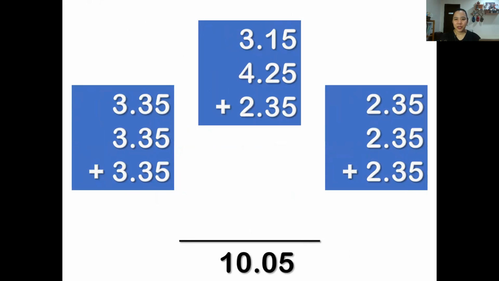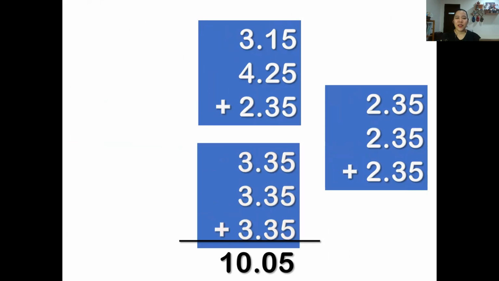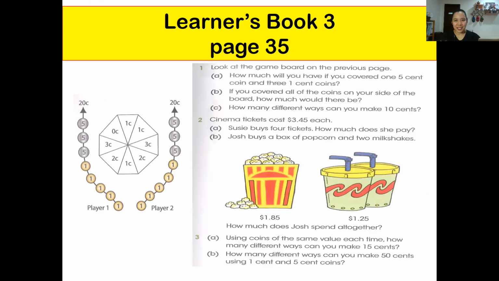Look for the amount of money that is equal to $10.05. Good. $3.35 plus $3.35 plus $3.35 is equal to $10.05. Now that's the end. I hope you win in that game.